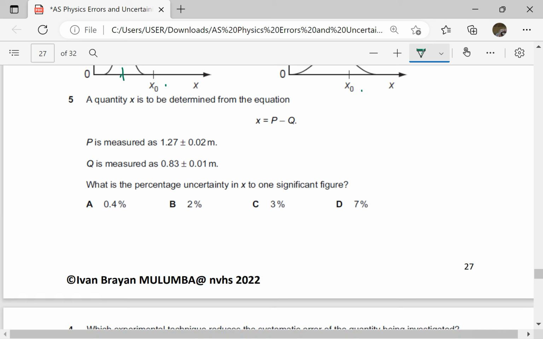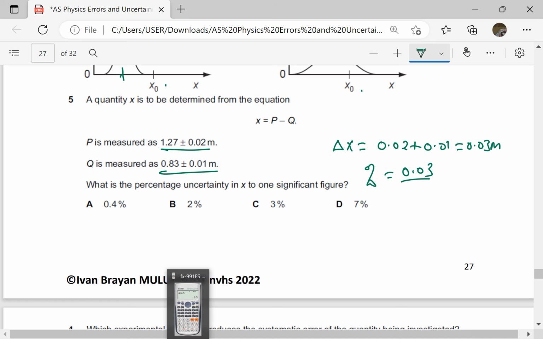A quantity x is to be determined from the equation x is equal to p minus q. P is measured as that, q is measured as that. What is the percentage uncertainty in x to one significant figure? So let's first find the absolute uncertainty in x, which will be 0.02 plus 0.01, which is 0.03. We don't subtract the uncertainties. So percentage is going to be 0.03 divided by x.